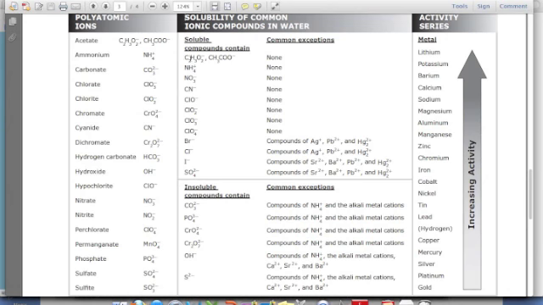But now if we look down a little bit further, compounds containing chlorine are soluble with the exception of compounds of silver, lead, and mercury. So mercury chloride is not soluble. It's going to fall to the bottom. It's going to form a precipitate, and that means we will have a reaction, because not both of them were soluble.